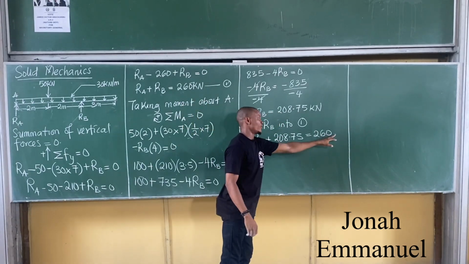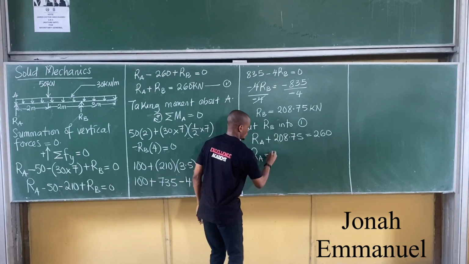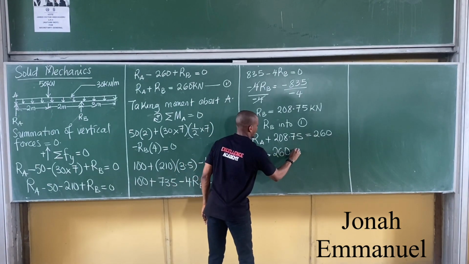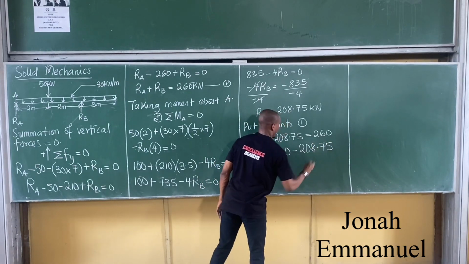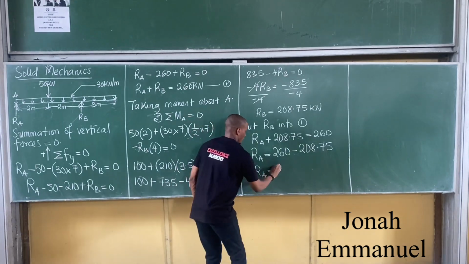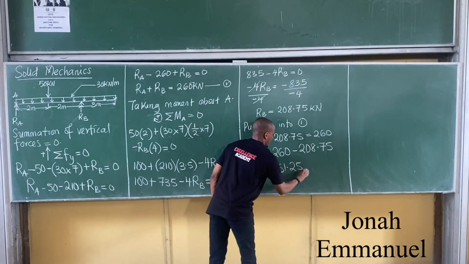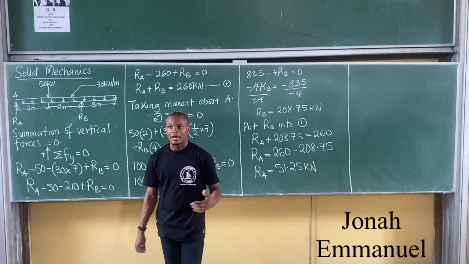So move some over here, of course. So I'll have that RA is equal to 260 minus 208.75. Please give me the value. 51.25 kilonewtons. So I've got the value of RA and RB.